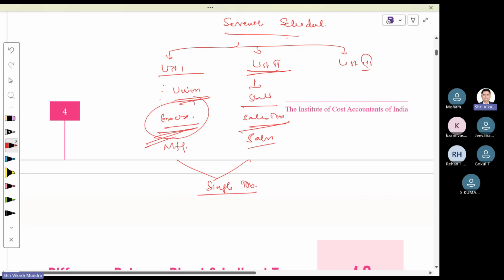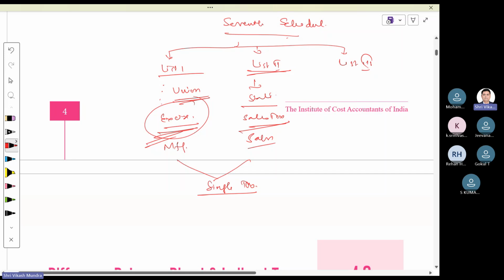But there is no such common taxable event, so that both governments, union as well as respective state government, can levy tax on it. In the Constitution, that part is missing.